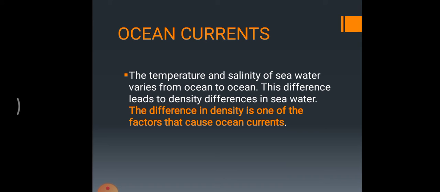What causes the generation of ocean currents? The difference in density of ocean water is one of the factors that cause ocean currents. The difference in density is caused by the variation of temperature and salinity of seawater.